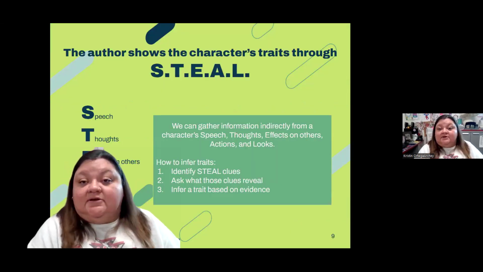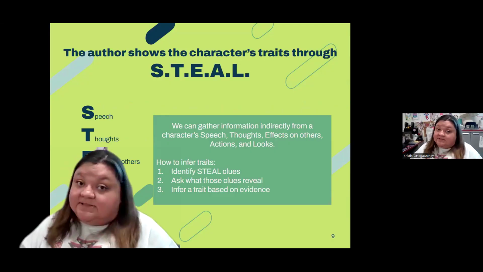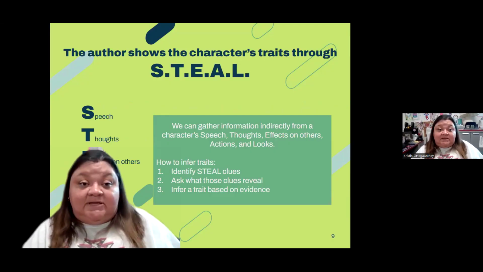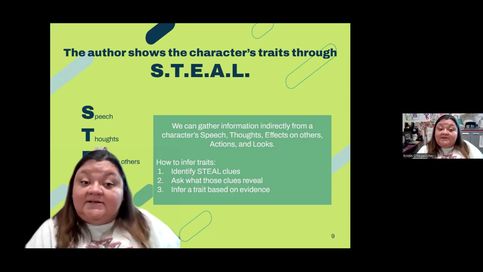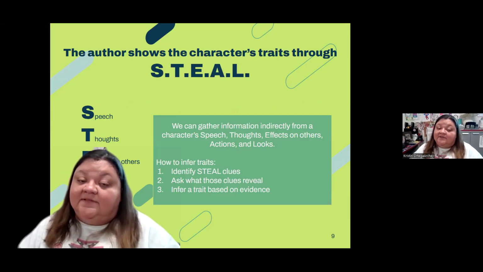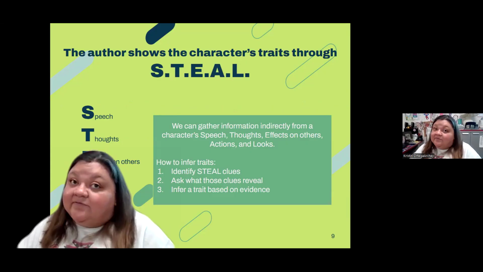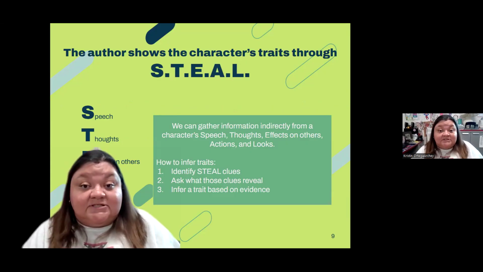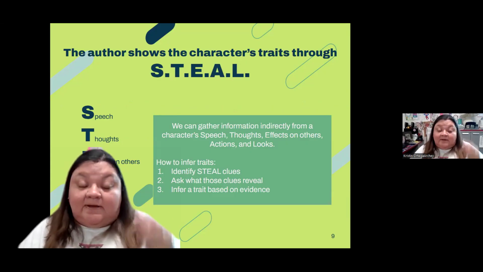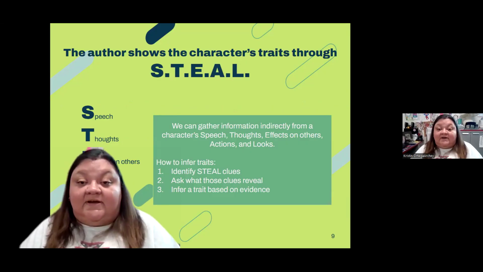The author shows the character's traits through STEAL. STEAL is an acronym. It means speech, thoughts, effects on others, actions, and looks. So we can gather information indirectly from a character's speech, by the way they talk, by the way they think, effects on others, actions, and looks.